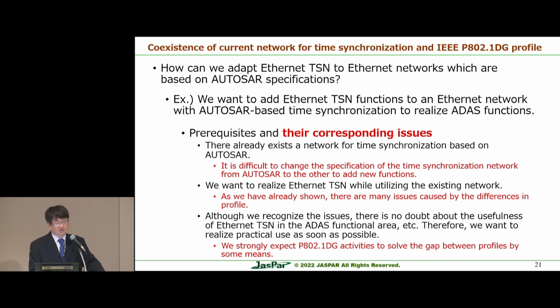Third, although we recognize the issues, there is no doubt about the usefulness of the Ethernet TSN in the ADAS functional area, etc. Therefore, we want to realize practical use as soon as possible. So we firmly expect P802.1DZ's activities to solve the gap between profiles by some means.